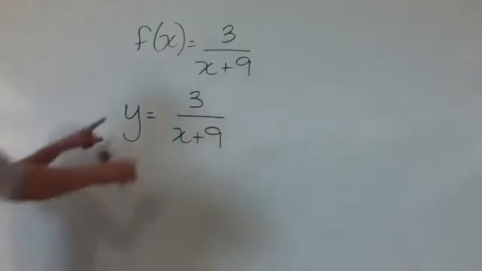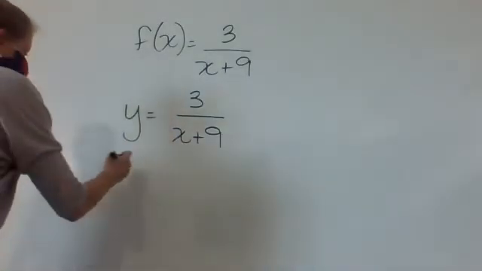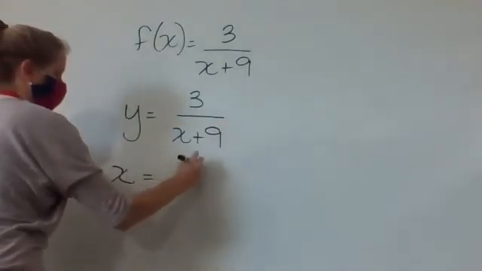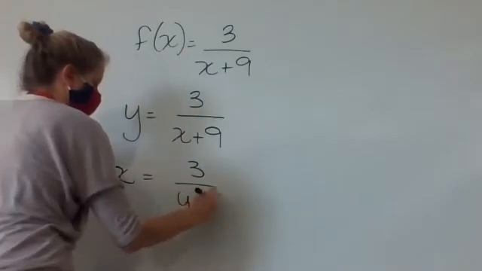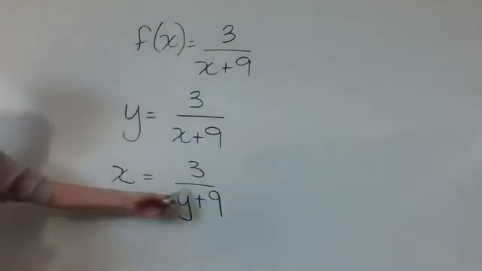Now what do I need to do? Flip-flop them, right? So now I have x equals 3 over y plus 9. This one takes a little bit of work to solve, because what are you trying to get by itself? Your new y, which is right here.